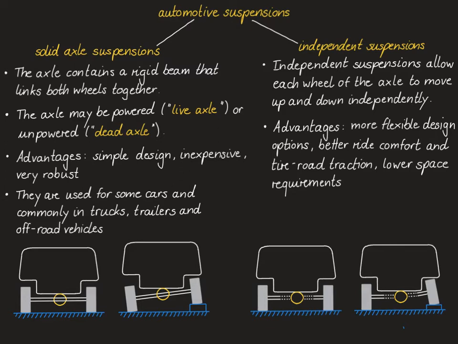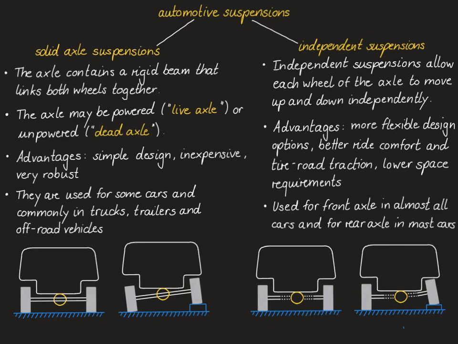This generally results in better ride comfort and better tire road traction. Moreover, independent suspensions generally have a lower space requirement as compared to solid axle suspensions. Today, independent suspensions are used for the front axle of almost all production cars and for the rear axle of most production cars.